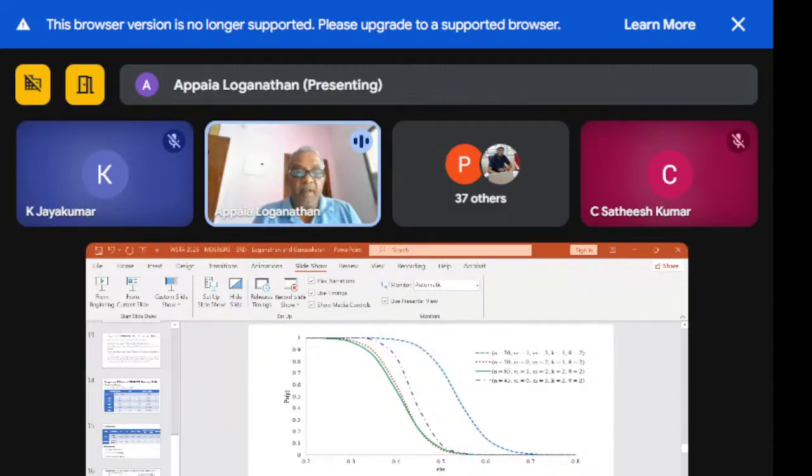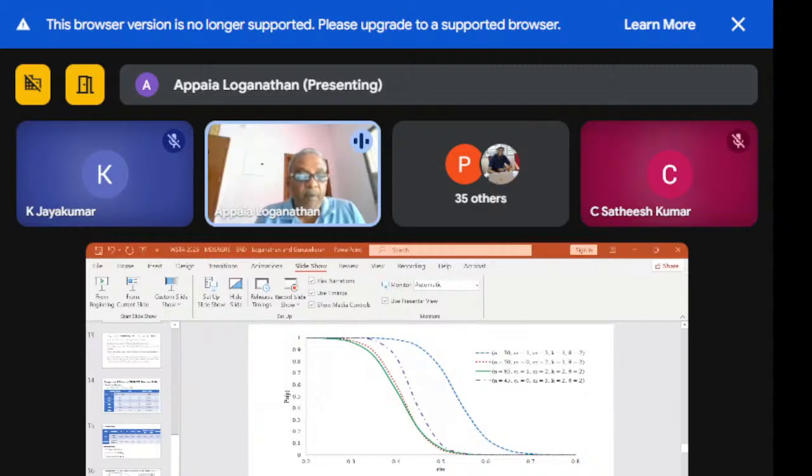Since P is a monotonically increasing function of T over M, naturally, when the test termination time increases, the same behavior of the lot acceptance probability is also observed. And since M is in the denominator of T over M, the behavior will be reversed.